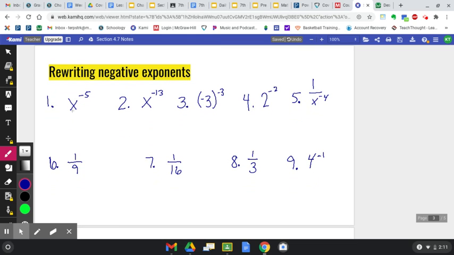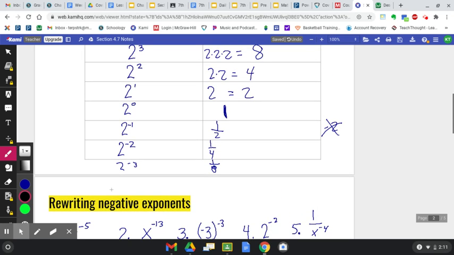So our rule with negative exponents is that I can move it from numerator to denominator, denominator to numerator, and it becomes positive. So x to the negative fifth, let me change color so we can see what we're doing here. x to the negative fifth is the same as 1 over x to the fifth. All right, so let me relate that to what we just did here. 2 to the negative first is really 1 over 2 to the first, right?